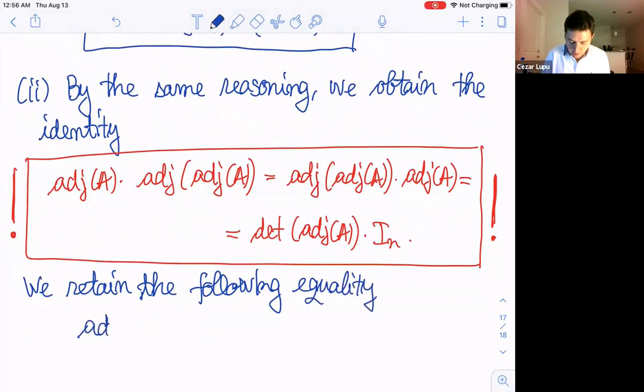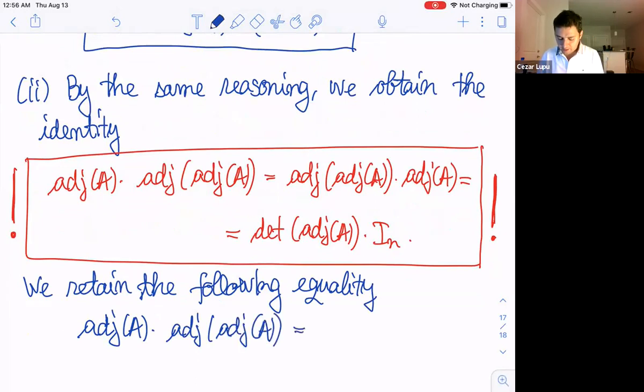The adjugate of A times the adjugate of the adjugate of A is the determinant of the adjugate of A times the identity.